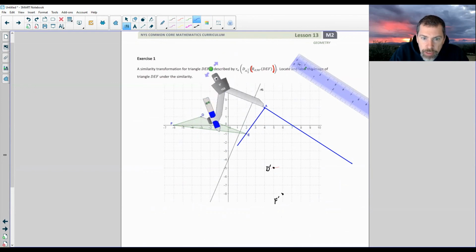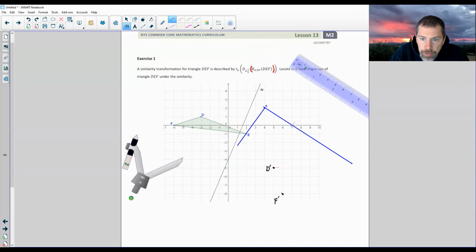And then I rotate this around until I get it to E. Right about there. And then rotate it around, and that's where it's going to end up at the point 7, 0. So let me erase my right angle and the arcs. Okay, so this is point E prime.